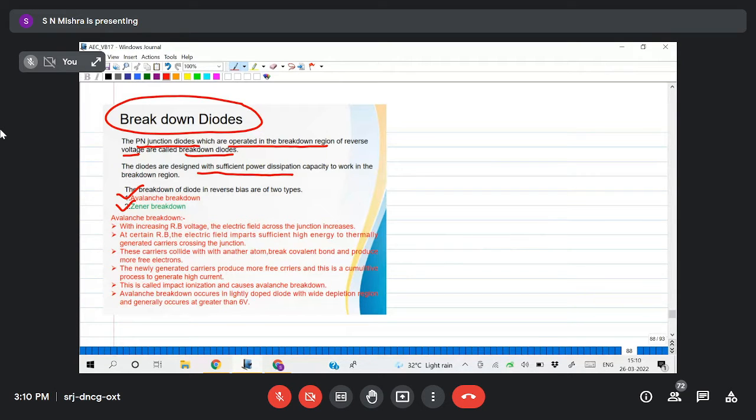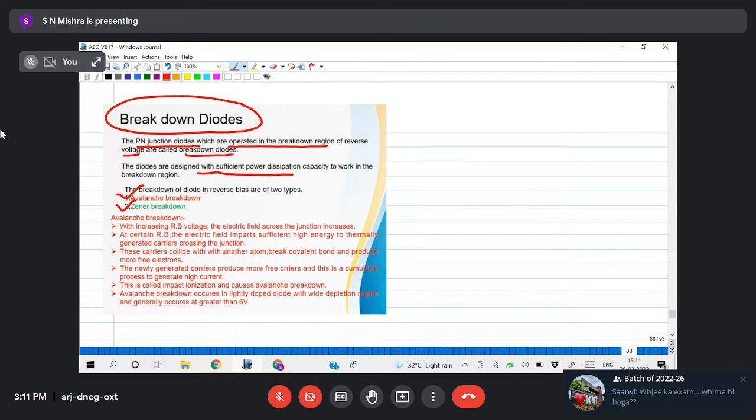In the Himalayan region, suddenly the ice cakes break or move, and due to that the snow moves from one side to the other side. Due to this, accidents happen. Here also, if we observe, after VBR a sudden increase in current happens. So that's why it is called avalanche breakdown.